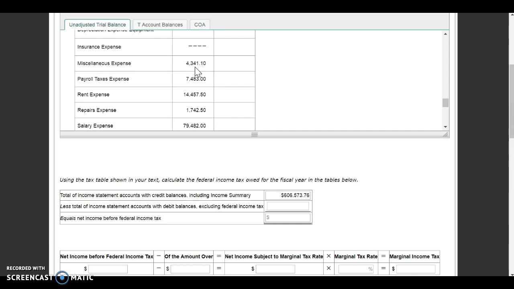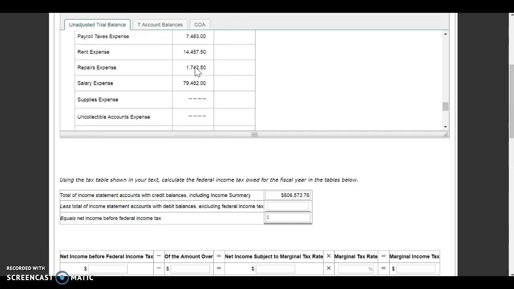My rent expense did not change either. You can add repairs expense. Salaries expense, $79,482.